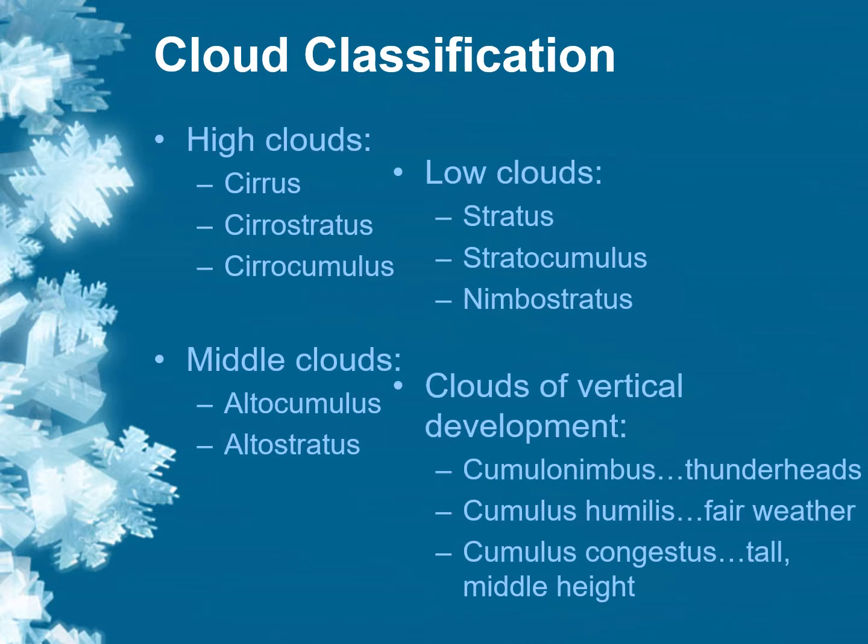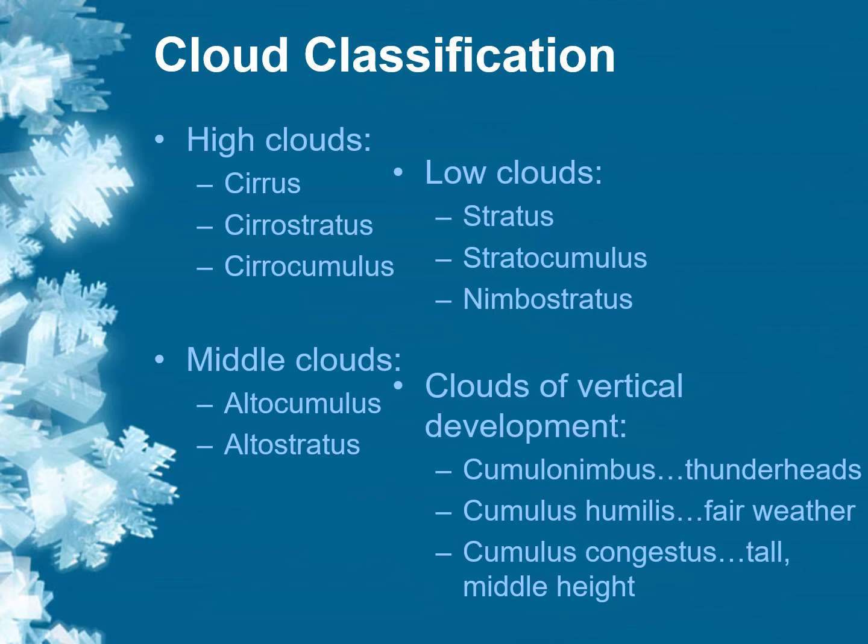All right, so moving on in our cloud classification. High clouds are going to include cirrus, thin wispy; cirrostratus, thin wispy in sheets; and cirrocumulus, thin high clouds in cotton ball looking groups.